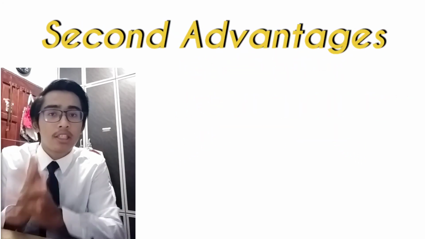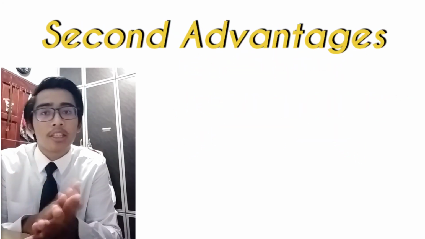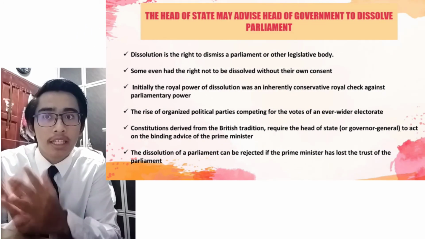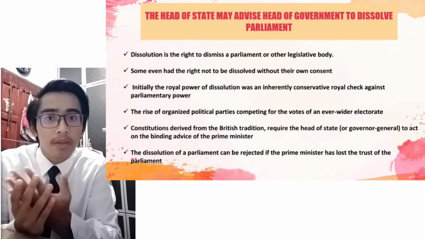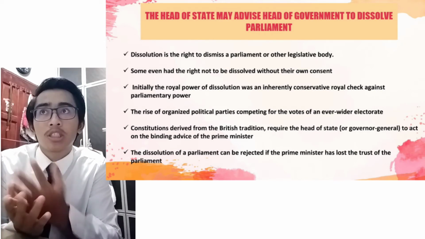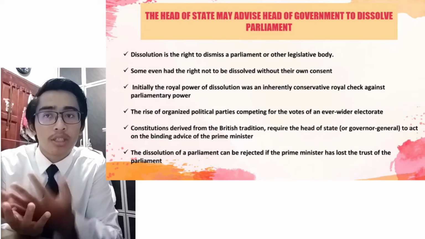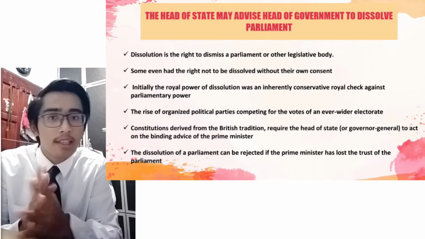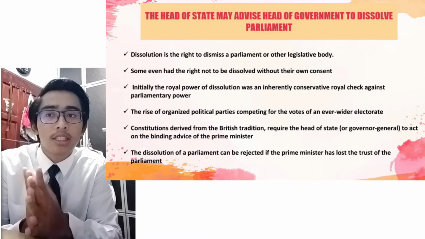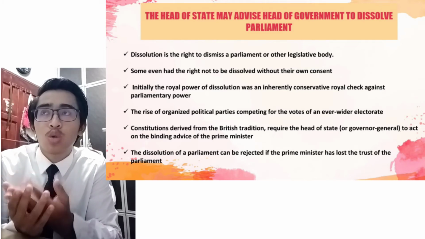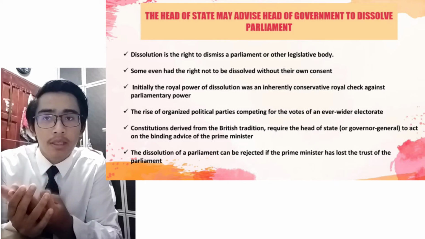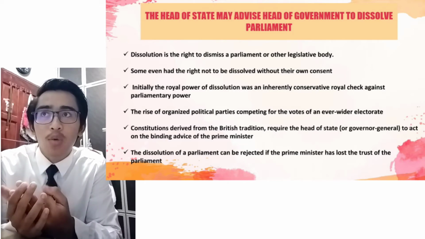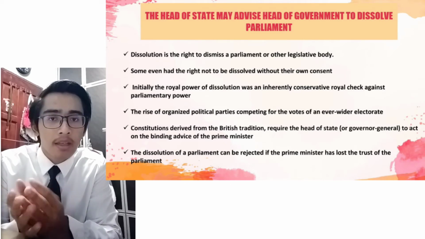So the next advantage of the parliamentary system is that the head of government may advise the head of state to dissolve parliament. Dissolution means the right to dismiss a parliament or other legislative body such that it ceases to hold office for the members of the assembly and requires a new election.